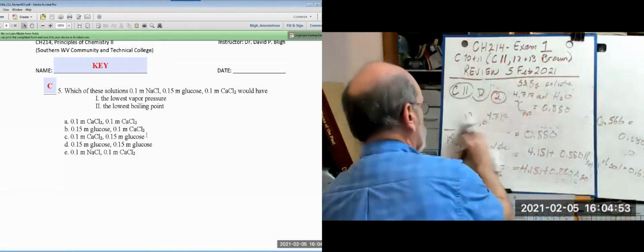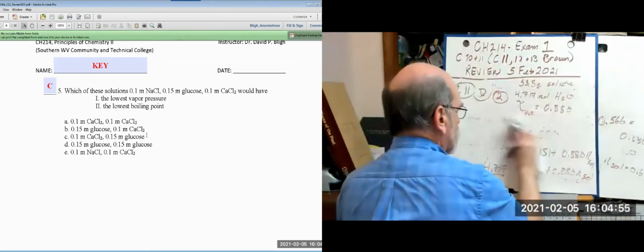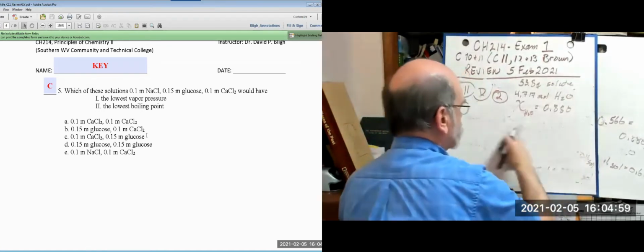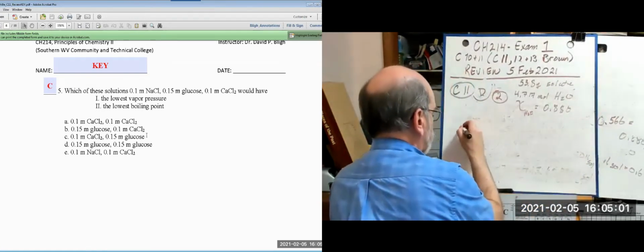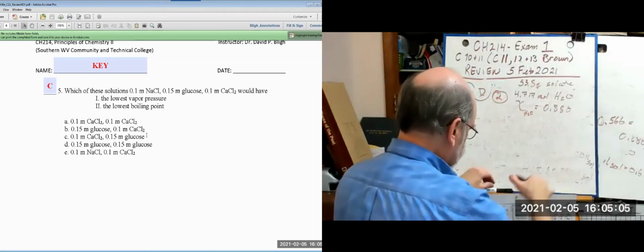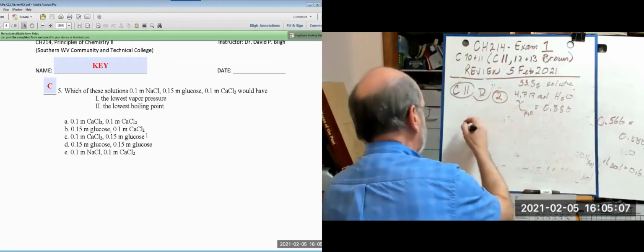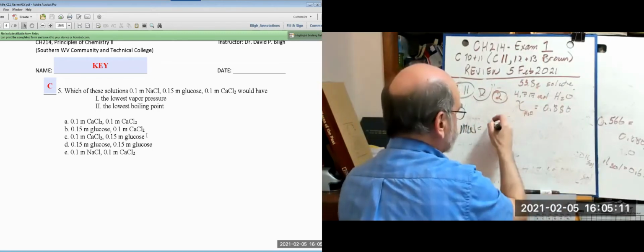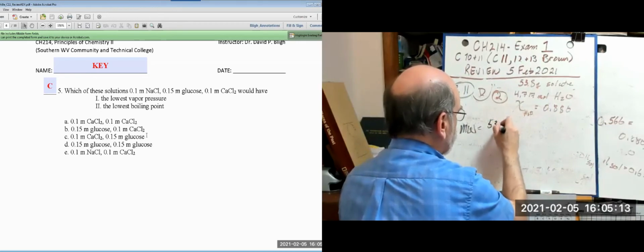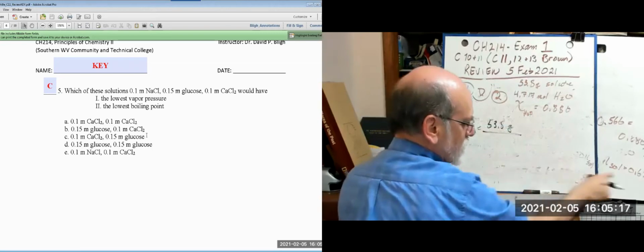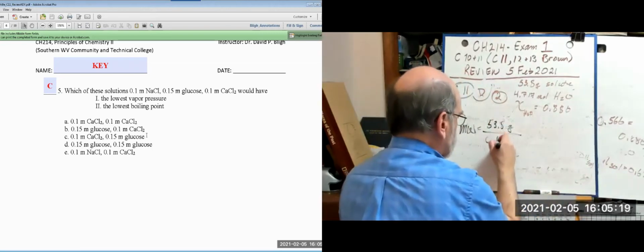Okay, so now we can calculate the molar mass. We've got the mass divided by the moles, 0.632.